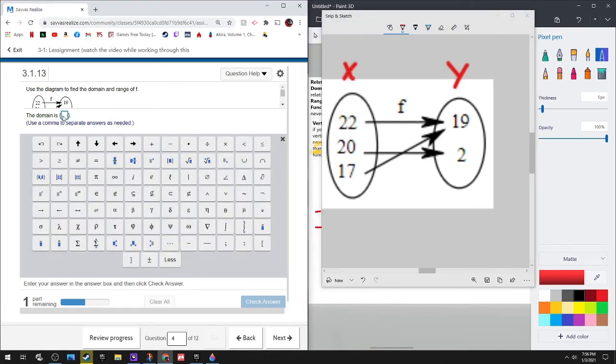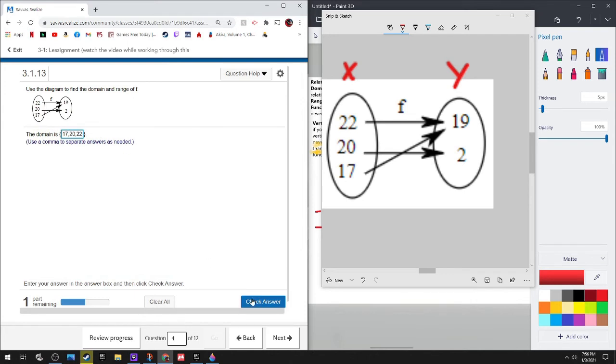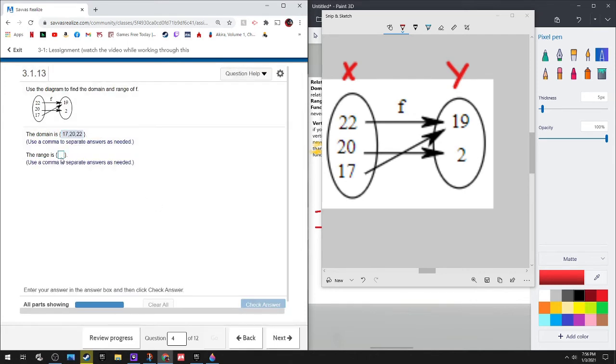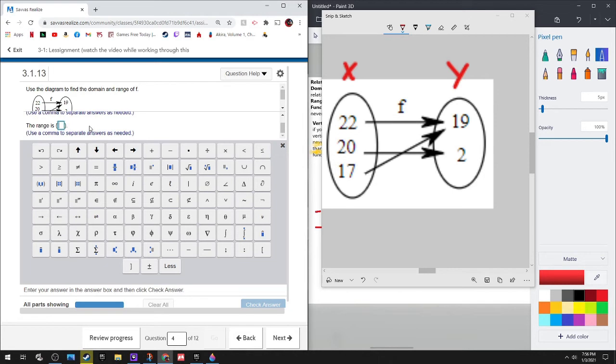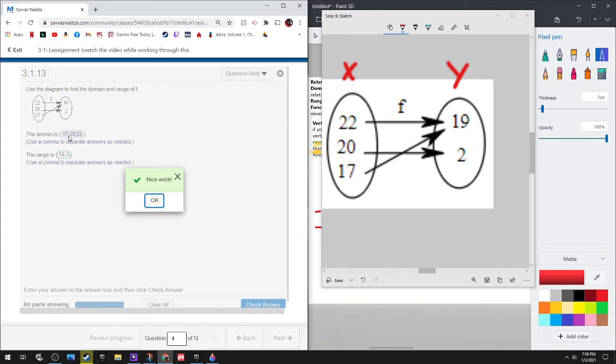We normally list the domain in ascending, or increasing, order. Domain is ridiculously easy if you remember that domain is x. Range is y. I'm going to see if it marks me wrong for putting it in backwards order. Oh, they don't care. That's good to know.